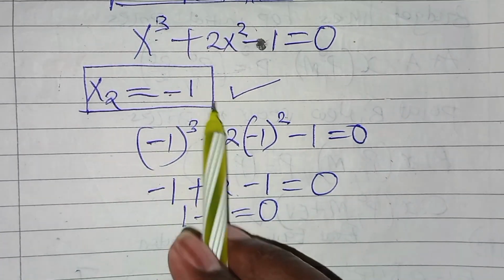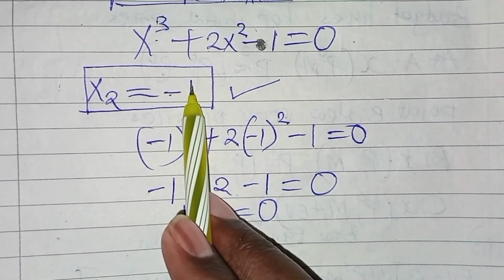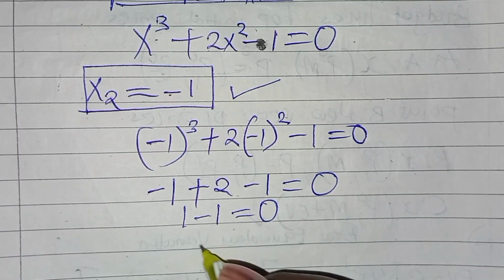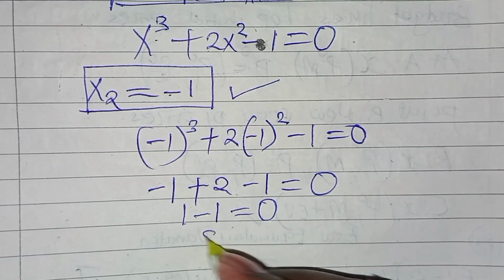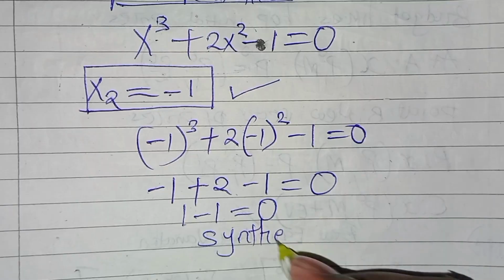Now given that we have x2 equal to negative 1, let's apply the synthetic division.